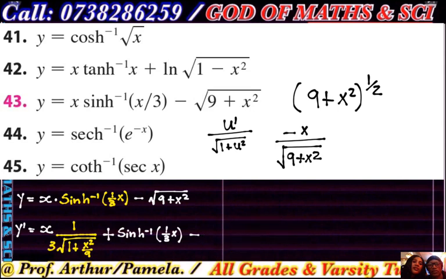Then we're having negative x divided by the root of 9 plus x squared. Alright, so it should be done, but because we're having divided by 9 here, we can do the LCD and fix it, because I suspect 9 plus x squared is going to come up there again.